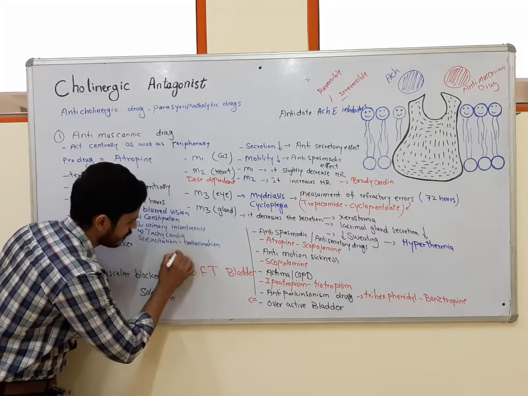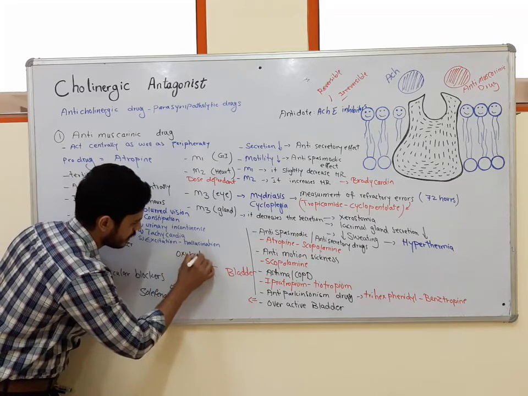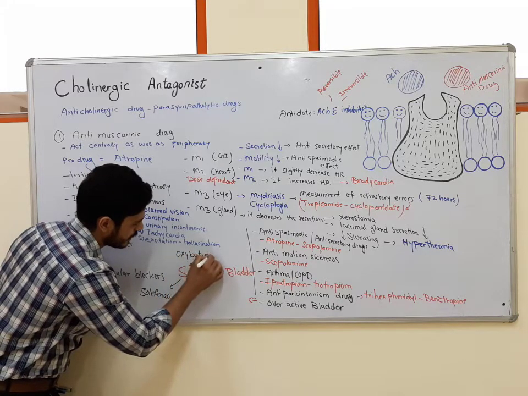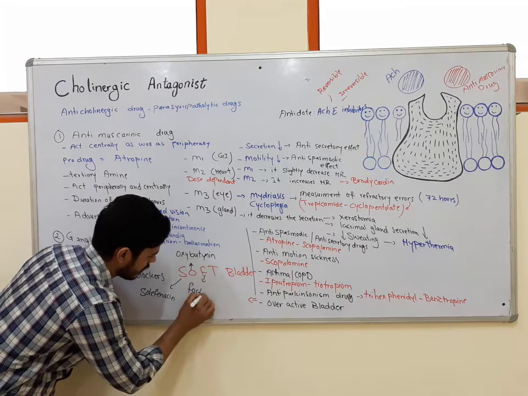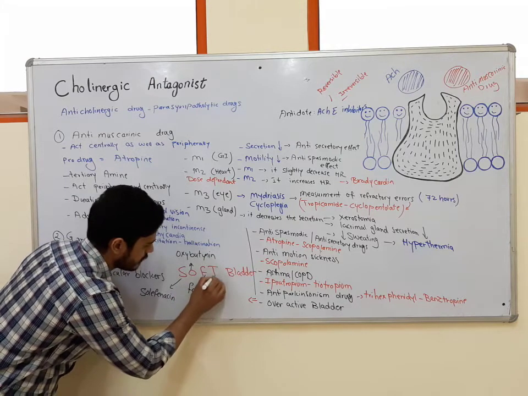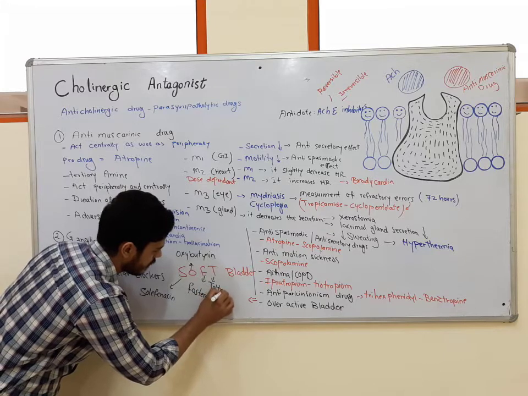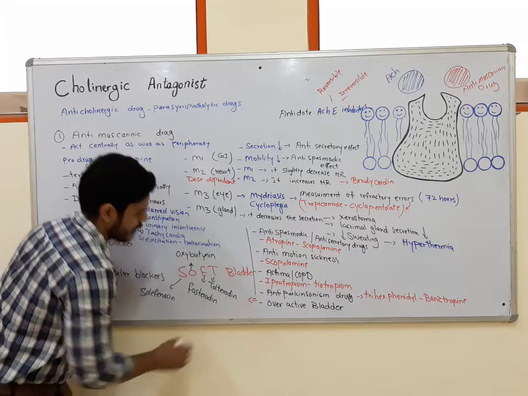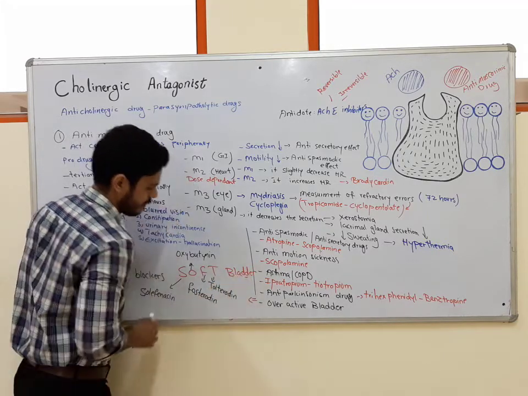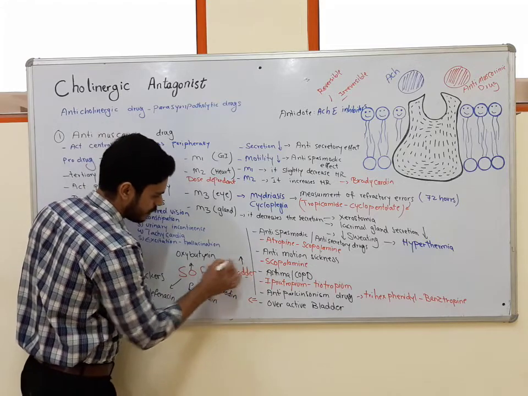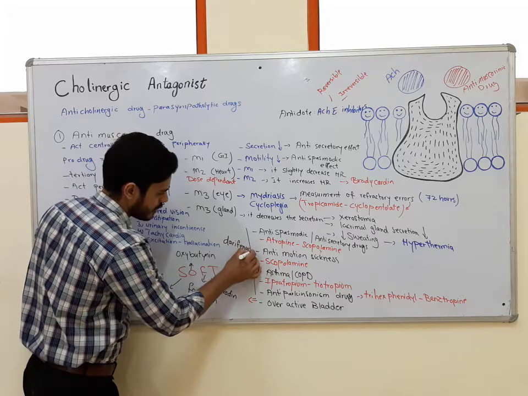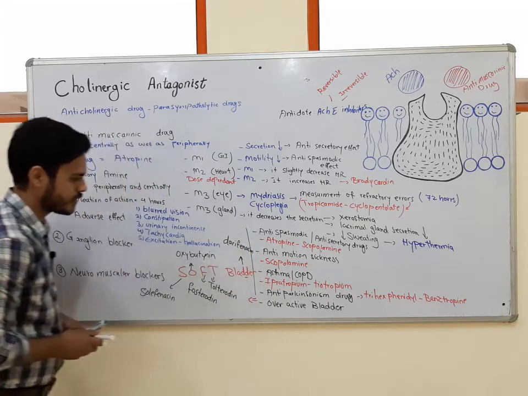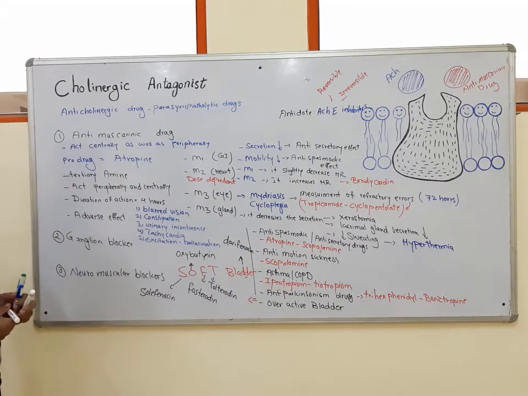O is for oxybutynin. F is for fesoterodine. T is for tolterodine. And D in bladder is for darifenacin. These are the drugs which we can use for treatment of overactive bladder.